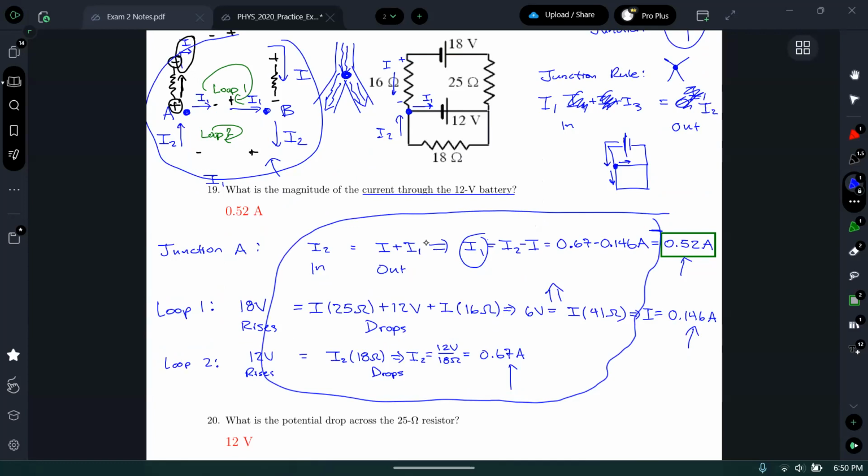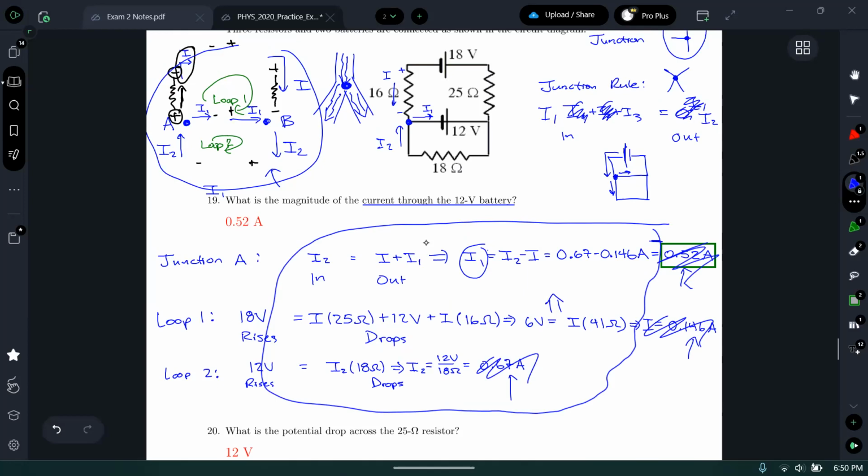I'm just testing on, do the loop and junction rules make sense? So you wouldn't even actually need to find these. That's just telling you what that last step is. So my actual stopping point on an exam would be getting these 3 equations.